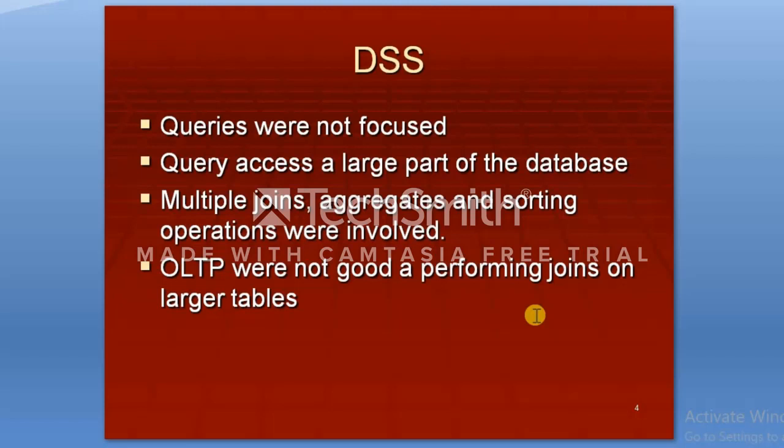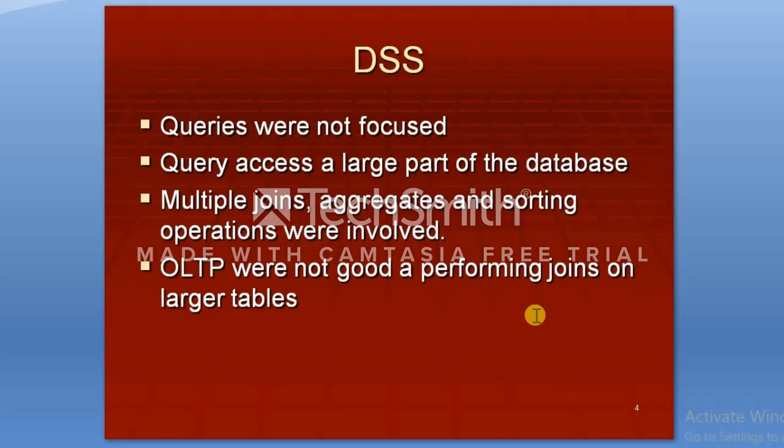So the decision support system will try to analyze the data by making joins between multiple tables, and will try to aggregate the data, and after that they will try to sort the data based upon some columns. So there are a number of operations involved inside a decision support system, and also a number of tables. The larger part of the database is involved to access and process the data.